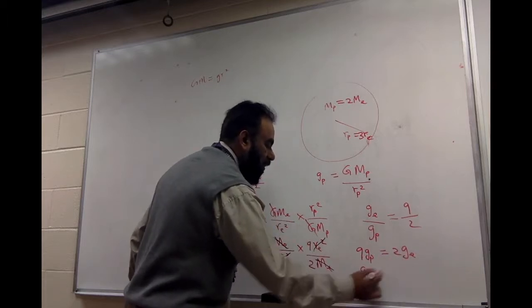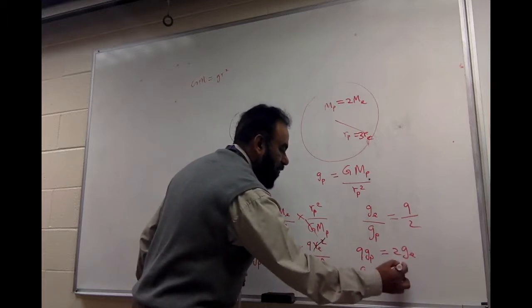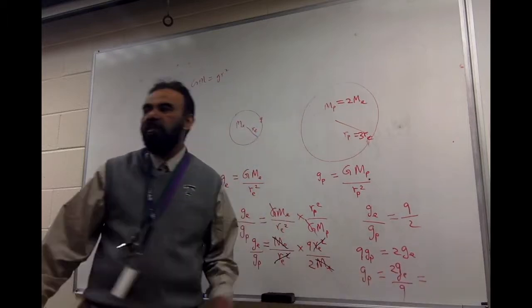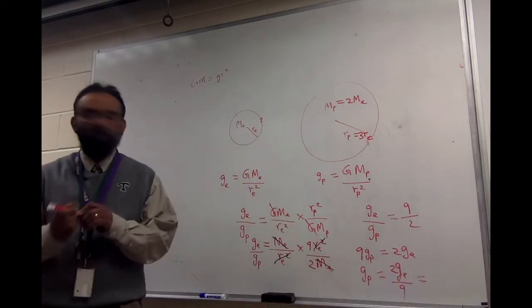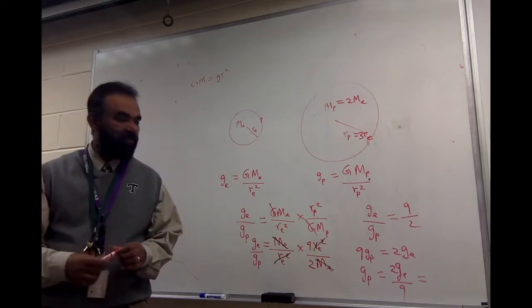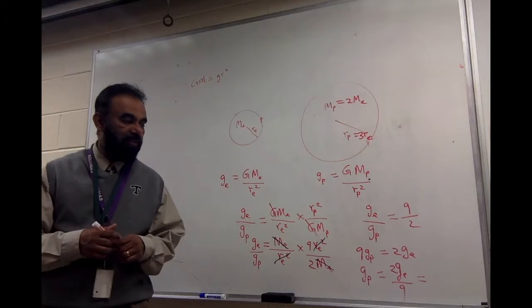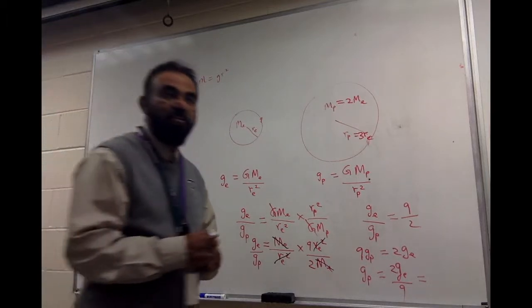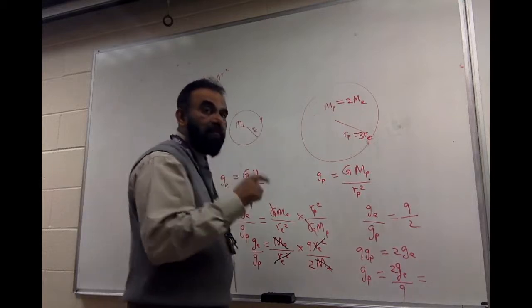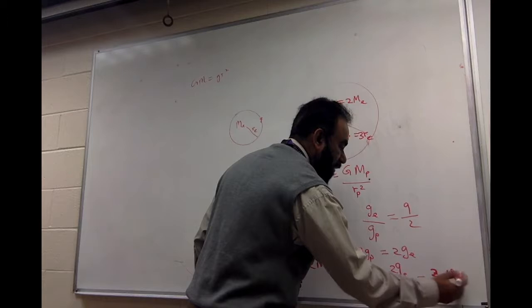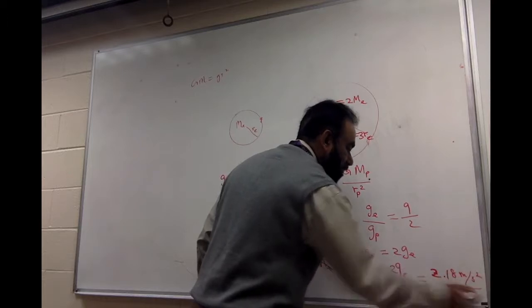So what is g_P on the planet? 2 times g_E over 9. And now you can put the number. You know g_E is 9.81. So if you put 9.81 there, you get the answer, 2 point something. So what's the acceleration due to gravity on that planet? 2.18 meters per second squared.